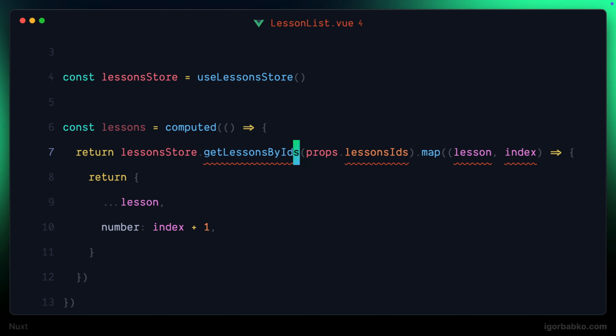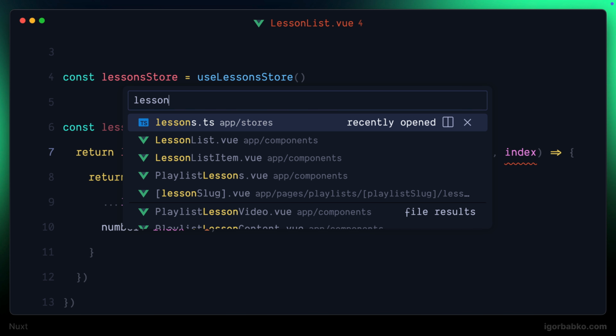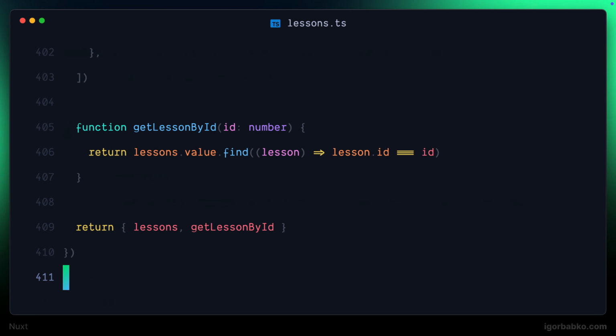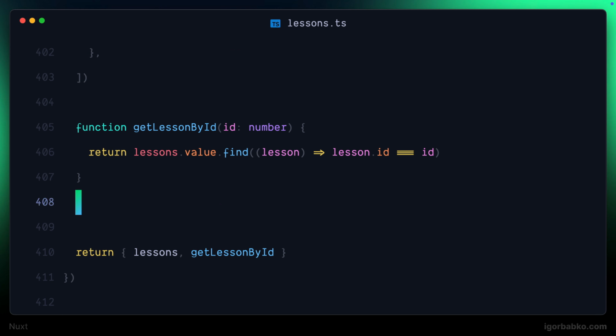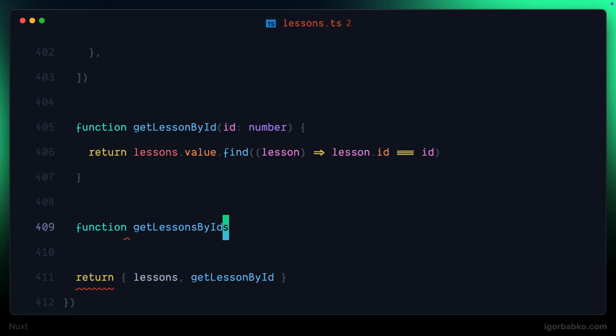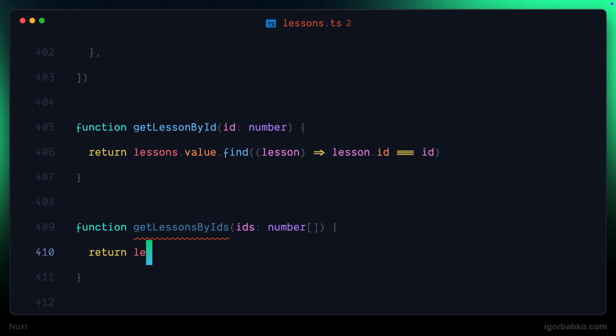So we still have to define this getLessonsByIDs function inside the lesson store. I'm gonna switch over to this store and define this function, which will accept an array of numbers as a param. And right here we're gonna reach out to the lessons reactive variable to filter all the lessons by identifiers that we have received as a param into this function.